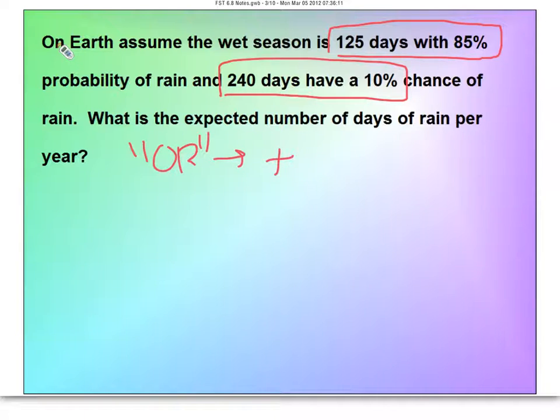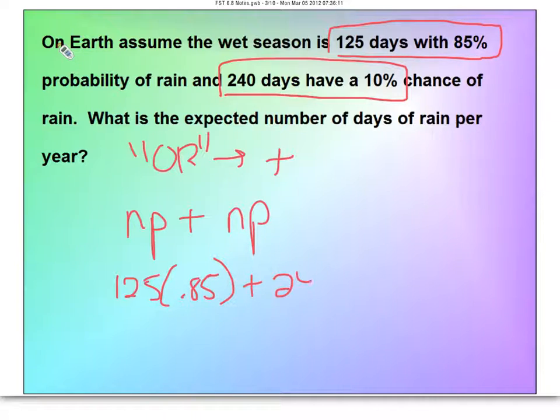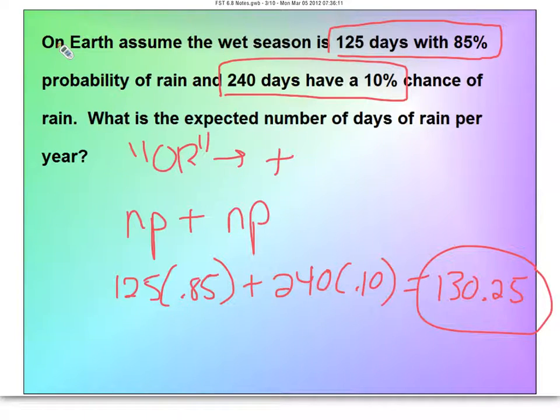It means to add. So what you need to do here is take your two expected counts and just add them together. So 125 days, there's an 85% chance. And then 240 days, there's a 10% chance. If you add this together, in a year, we would expect rain to happen 130.25 times in the year.